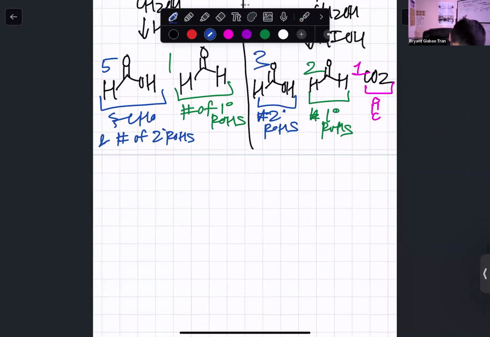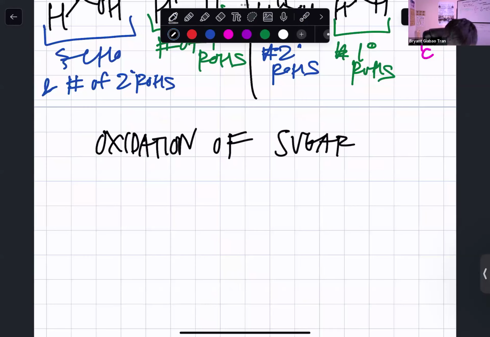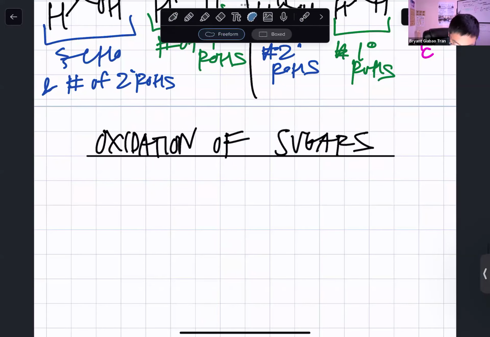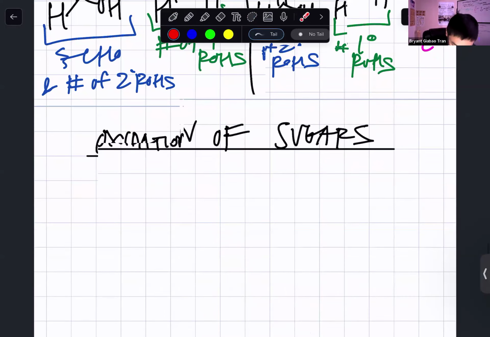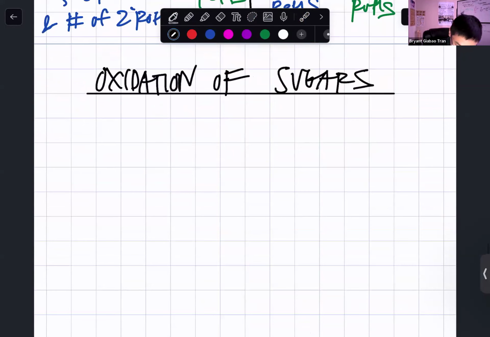But before that, let me summarize what we just went over for oxidation of sugars. You know how in 118A you learned about oxidations of alcohols, like with PCC and Jones. Remember those reagents? Where PCC is the weak oxidizing reagent and Jones is a strong oxidizing agent. This set of reactions here is kind of the same thing, but in the sugar realm, right?